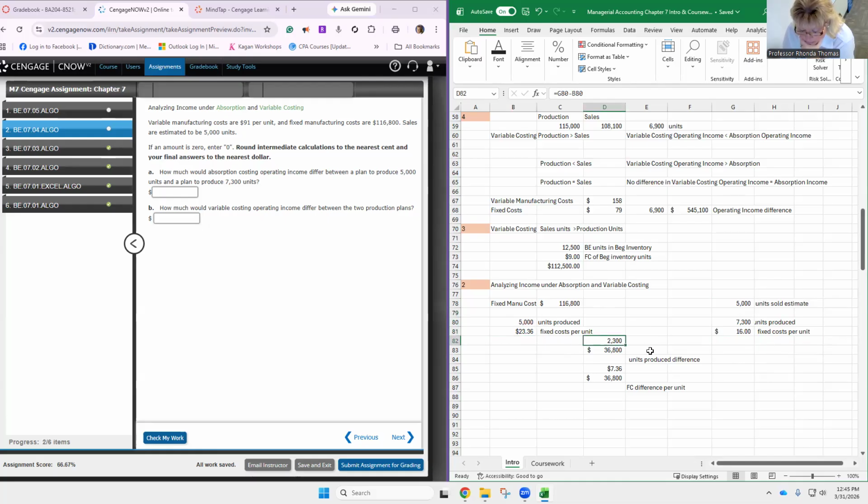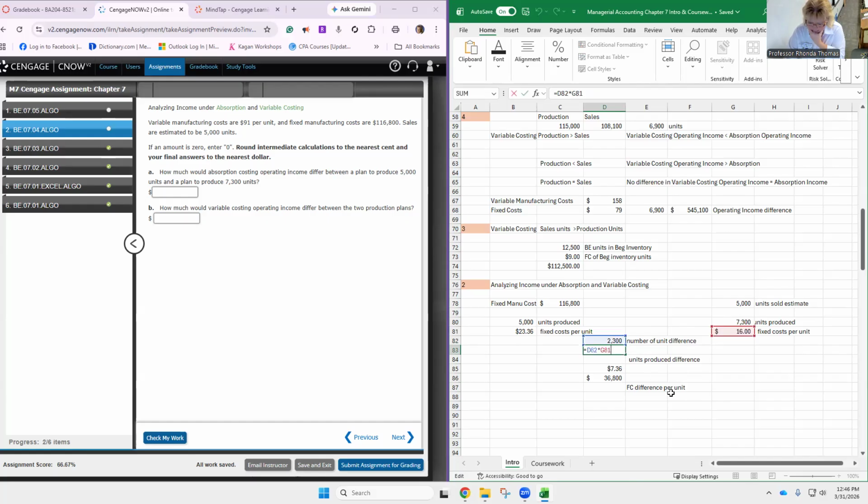Then the difference, okay, this is how you do it. If you're going to do the difference in units, so it's the number of unit difference. There's two ways to do this, and you can double check it. So my difference is 7,300 minus 5,000 gives us 2,300.